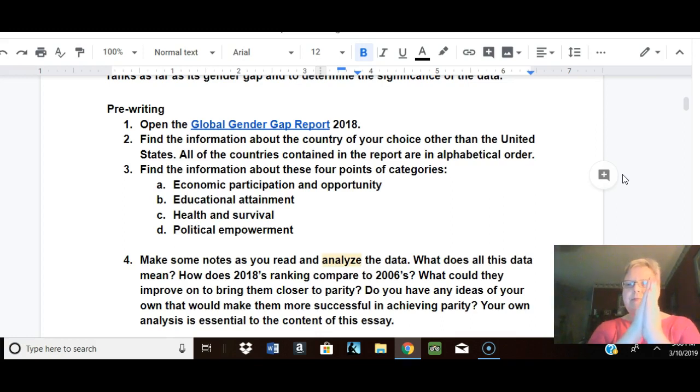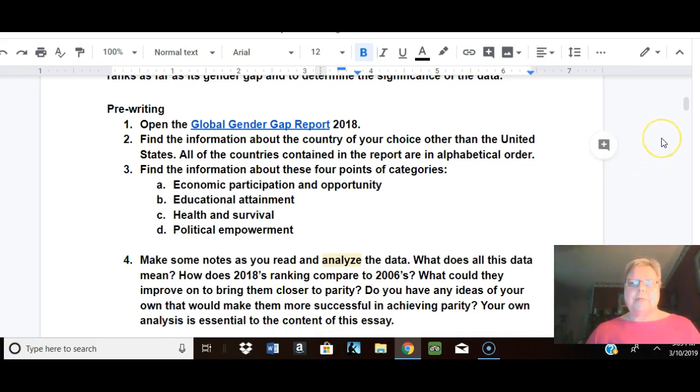So if it's close together like this, it's equal, and the gap shows how far apart it is. Like it could be pay, the ability to get health care, that sort of thing.